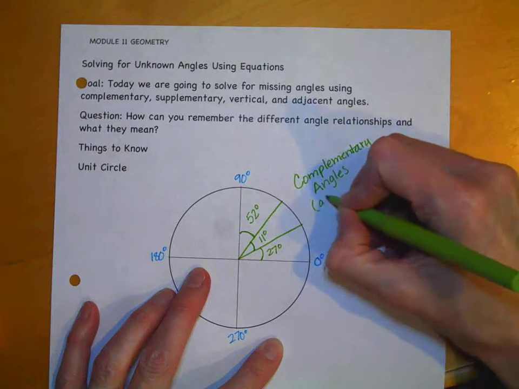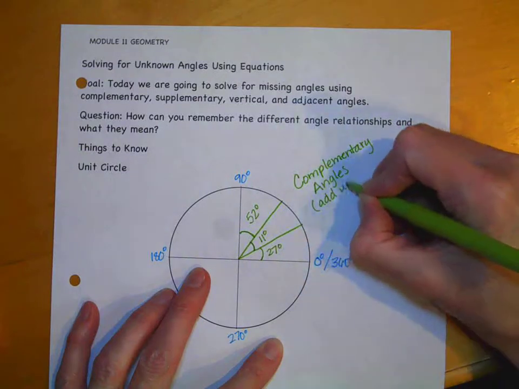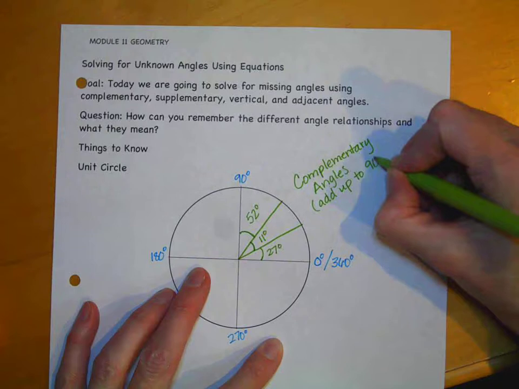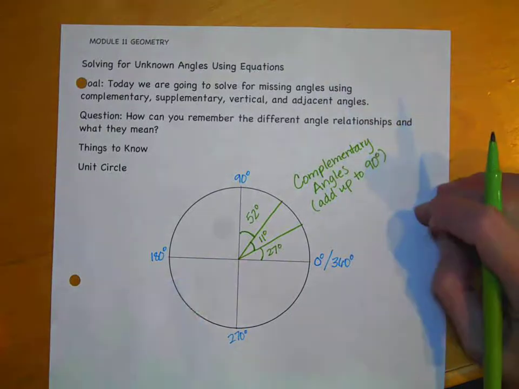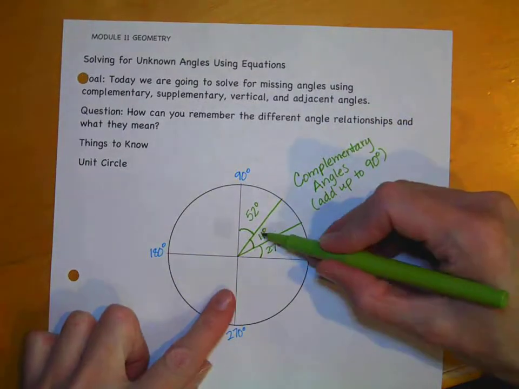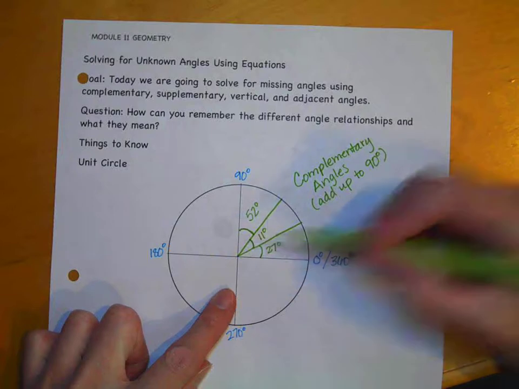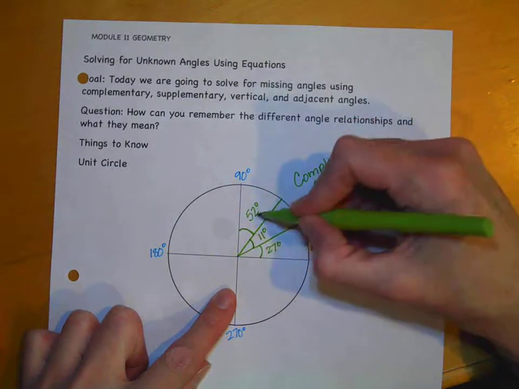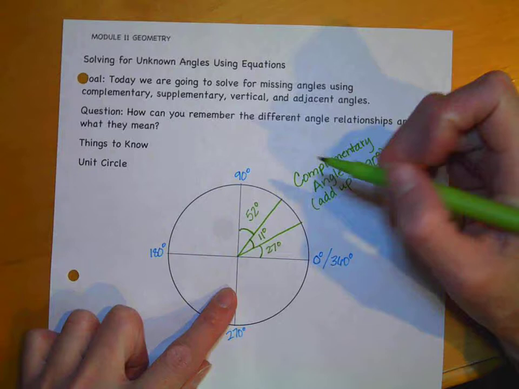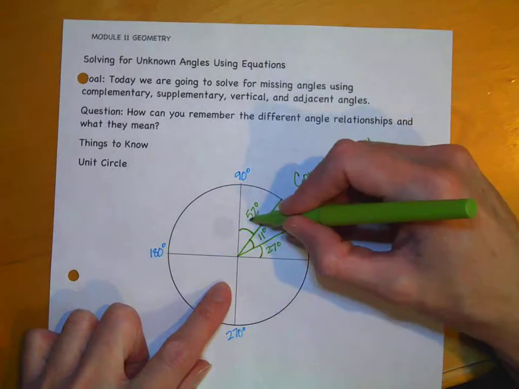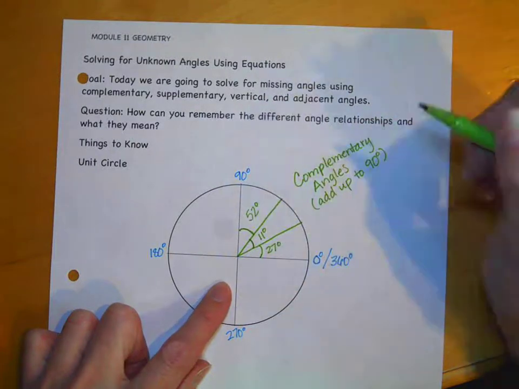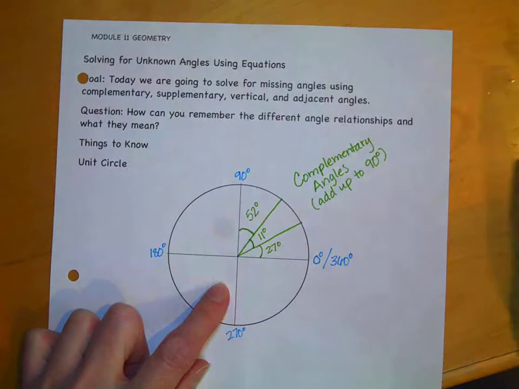So we would say they add up to 90 degrees. And if we double check it, we could say, okay, 7 plus 1 is 8, 2 plus 1 is 3, 8 plus 2 is 10, regroup the 1, and then we have 3 plus 5 is 8, plus 1 more is 9, and that gives us 90 degrees.